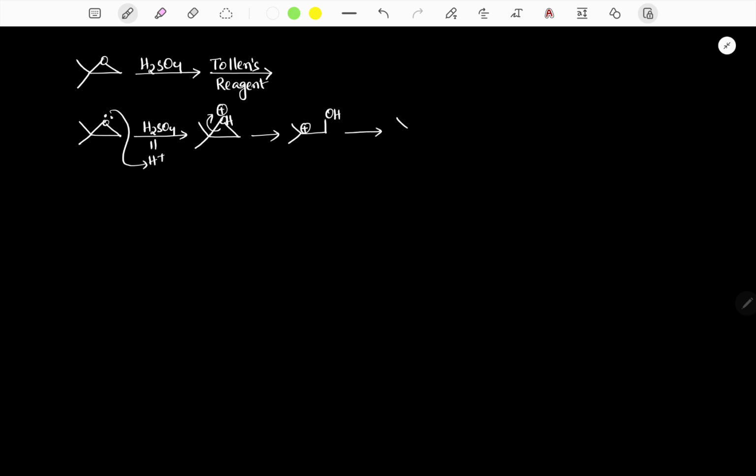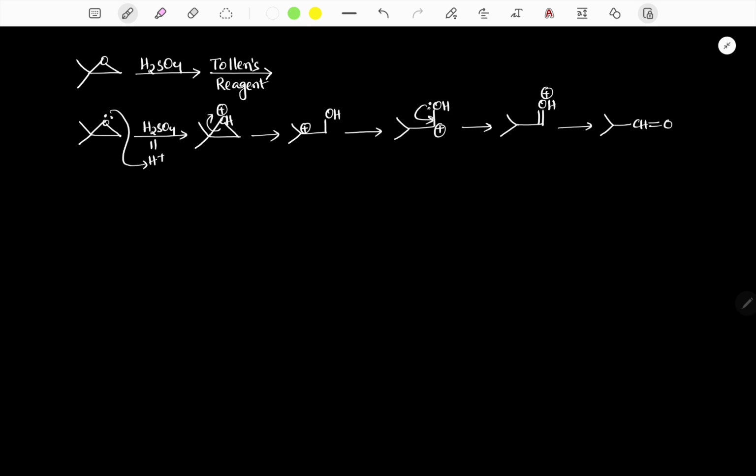Now it undergoes migration for octet stabilization. Now lone pair resonance gives the corresponding oxonium ion formation. Now it loses a proton and gives the corresponding aldehyde.